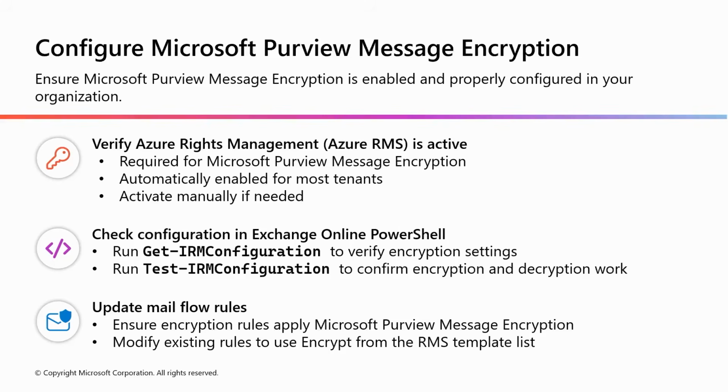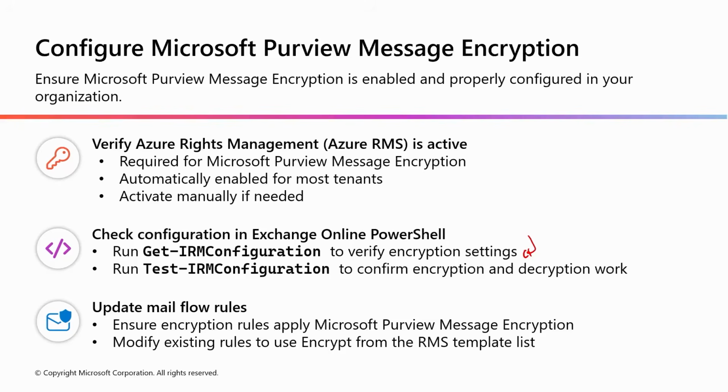To verify that it's active, we need to double check that we've done our rights management setup. The easiest way is to use the Get-IRMConfiguration PowerShell cmdlet. If needed, you can then enable it, using the test component to make sure that it's working.